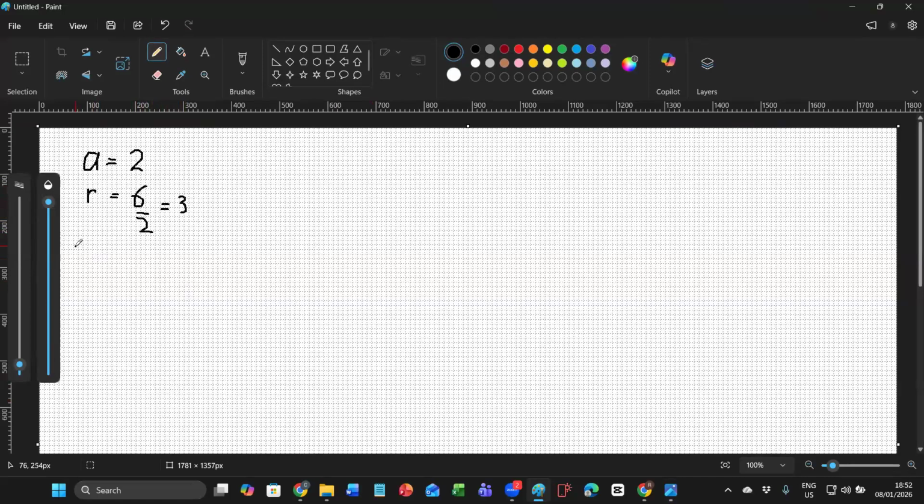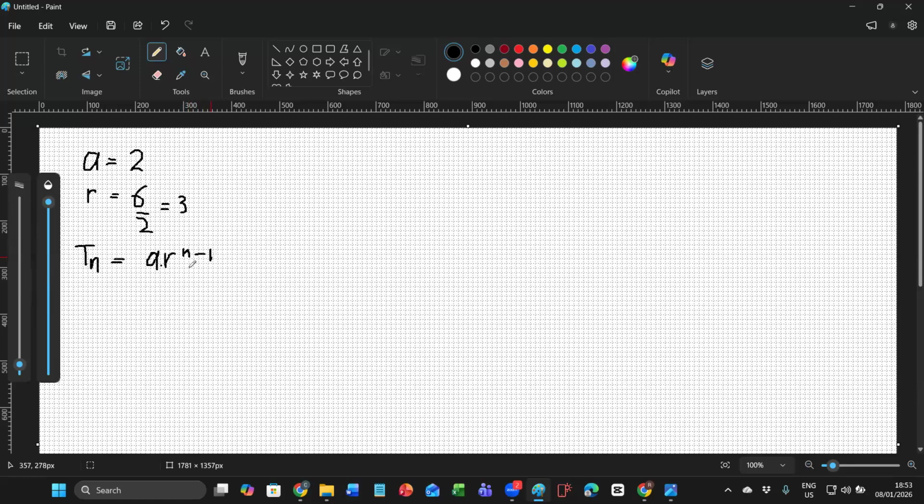So the nth term of that geometric sequence is given by Tn equals A times R, that dot is multiplication, raised to the power n minus 1.